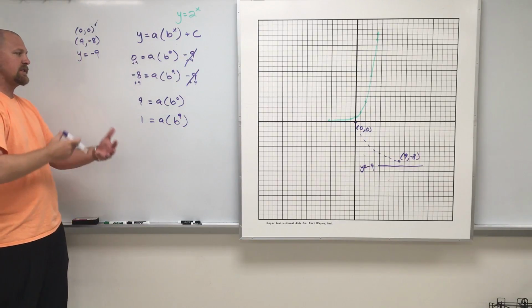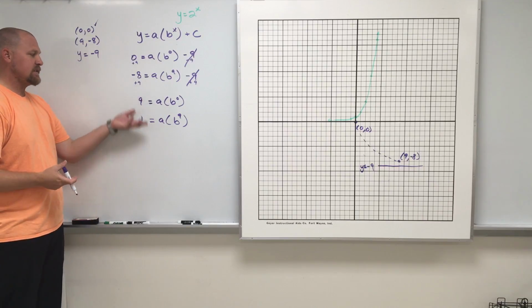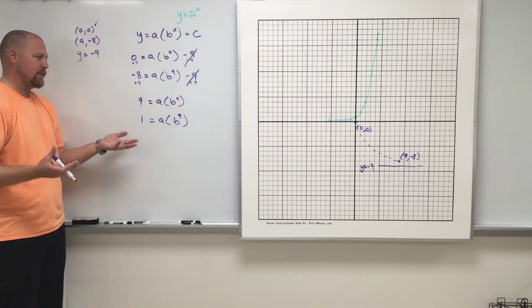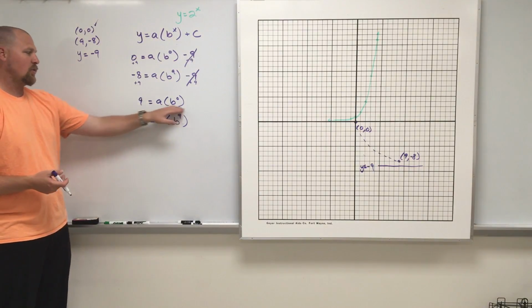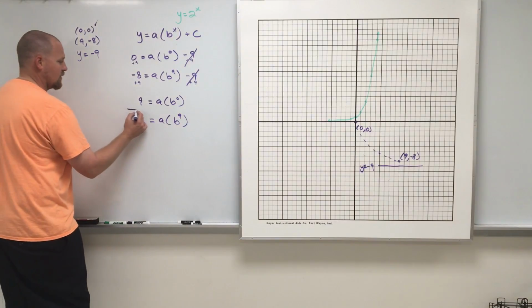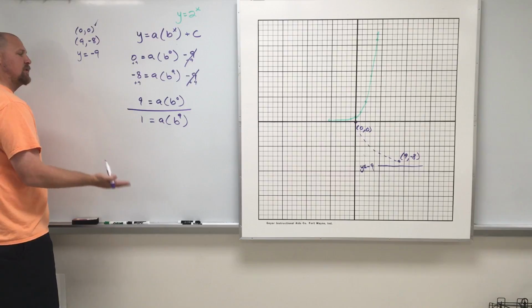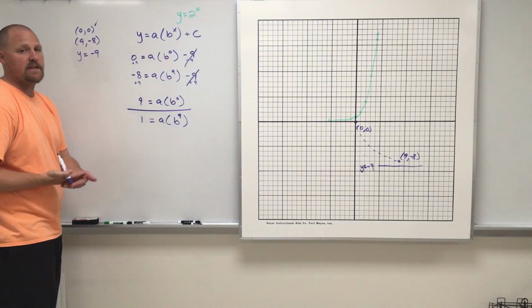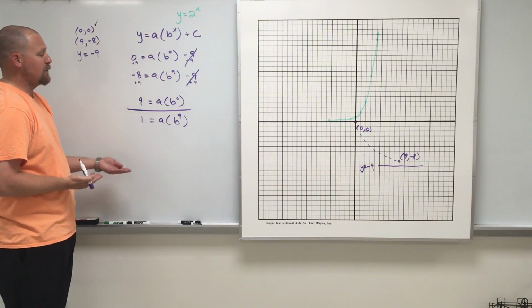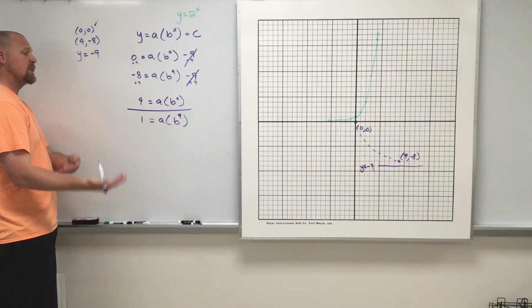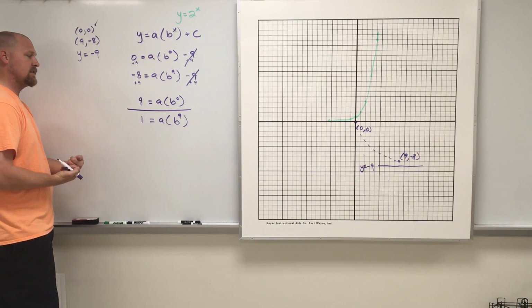Now the step here is we have this system of equations, sort of, and we're going to divide these 2 equations. The reason we're going to do that is so we can try to figure out what b is. When we figure out what b is, then we can go back and figure out what a is.